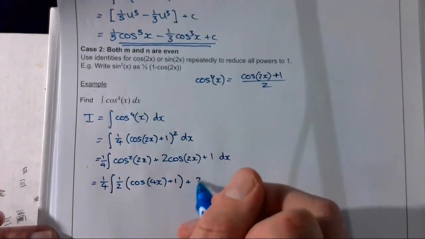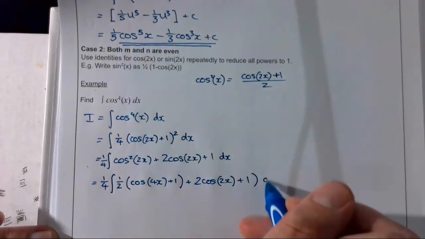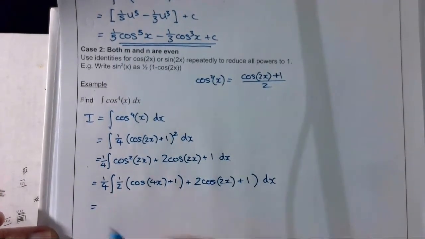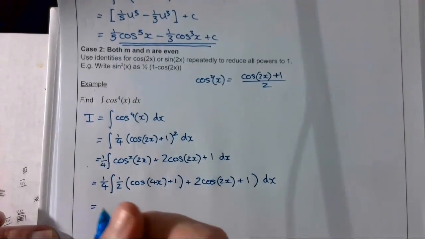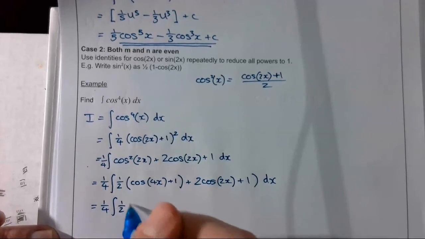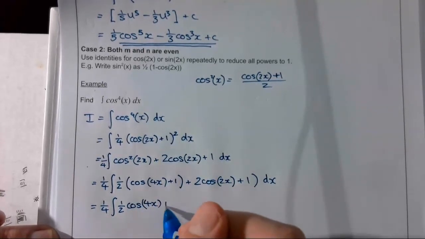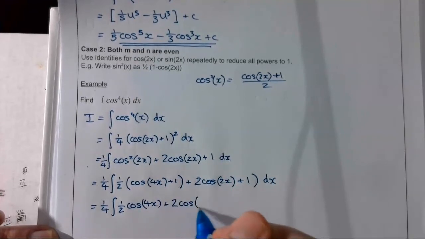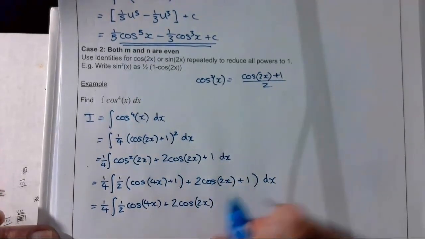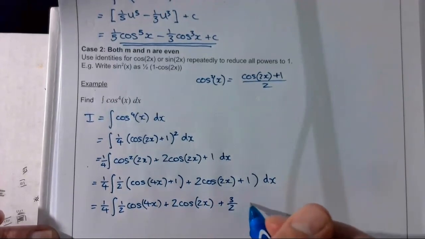Then I've got these two other terms, plus 2 cos of 2x plus 1 dx. In other words, I've got a quarter times the integral of a half cos 4x plus 2 cos of 2x, and then my constant term I have plus a half and plus 1, so I have plus 3 over 2.